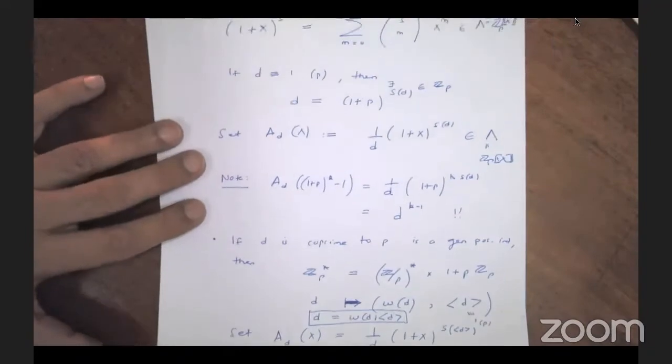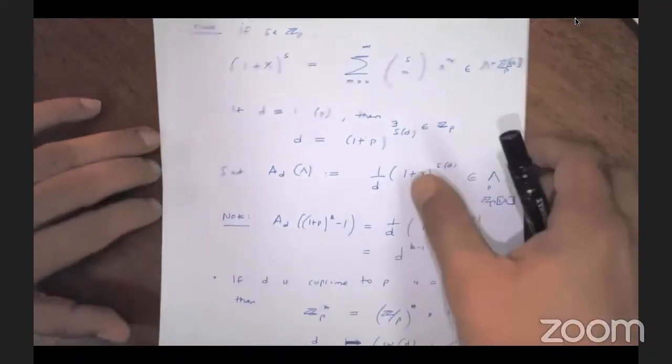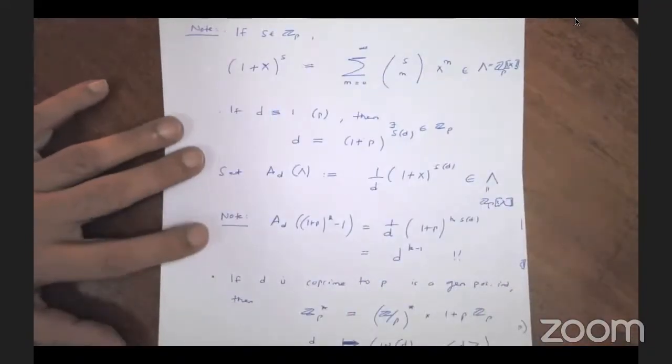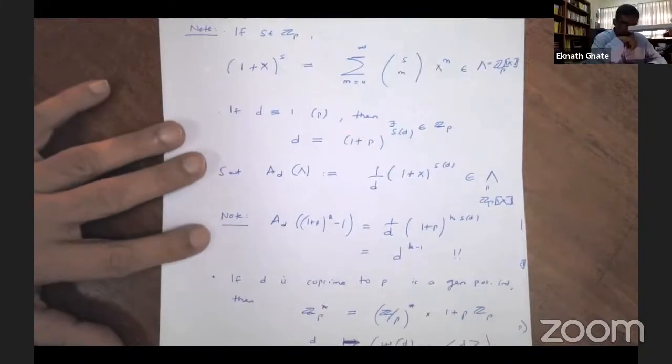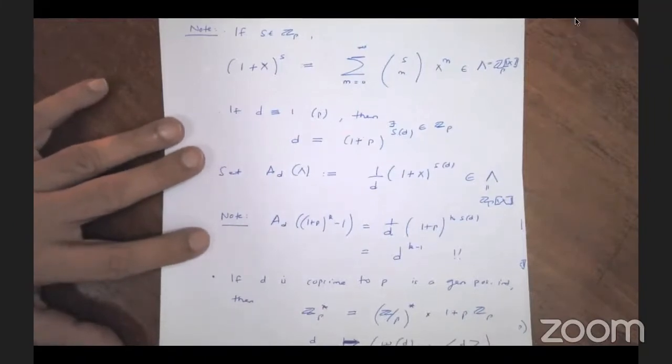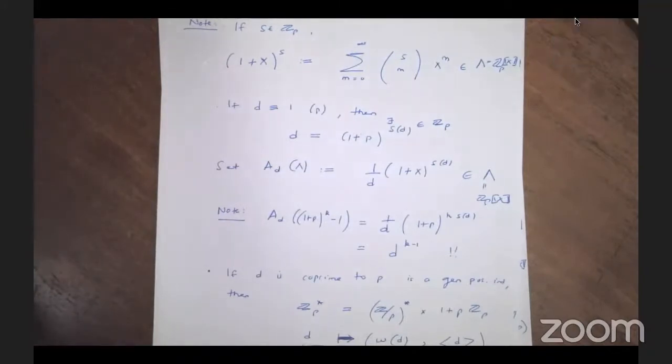I don't know whether this is even legit to ask this question. We can write any p-adic integer, or if you extend to any local field, you can write any unit in such a way, right? Any unit in the local field can be written like this, right?